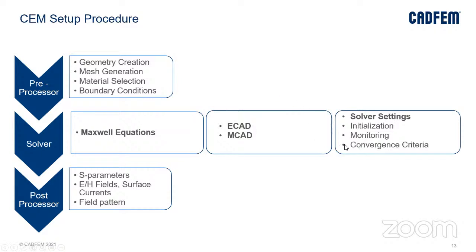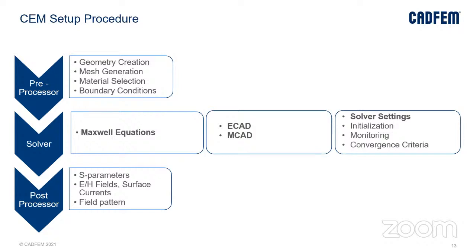Then, based on initializing the frequency setup and convergence criteria, the solver solves the structure and obtains S parameters, fields, surface currents, or radiation fields. This is the procedure for computational electromagnetics setup.